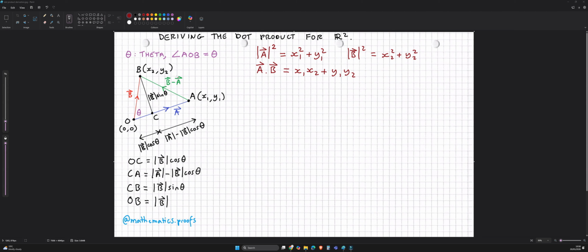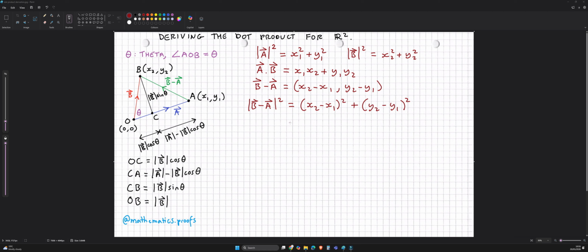Now let's get the magnitude of B minus A. First of all, what is the vector B minus A? Well, you're going to get x2 minus x1 as the x component, and y2 minus y1 as the y component. That means the magnitude of B minus A squared is going to be x2 minus x1 squared plus y2 minus y1 squared.